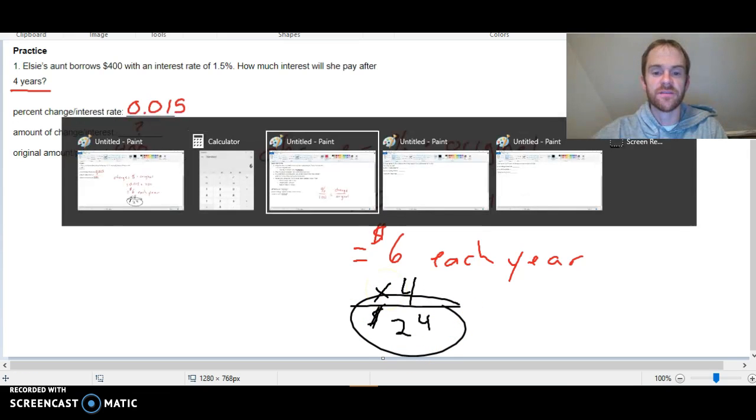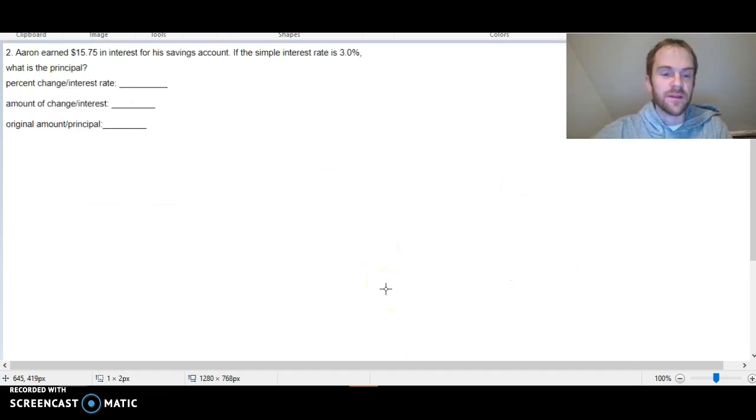Let's look at another problem here. We've got Aaron earned $15.75 in interest for his savings account. If the simple interest rate is 3%, what is the principal? Well, we've got some terminology here.